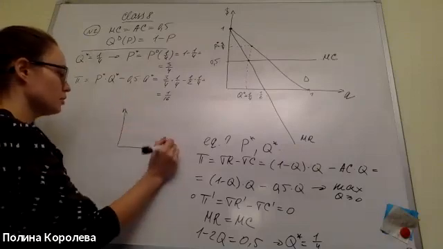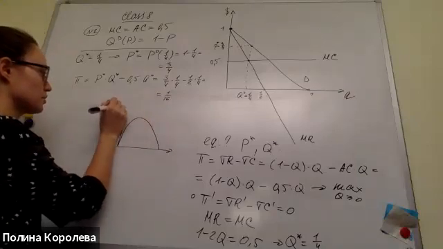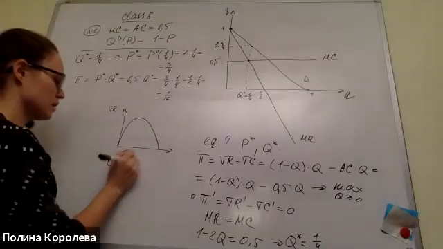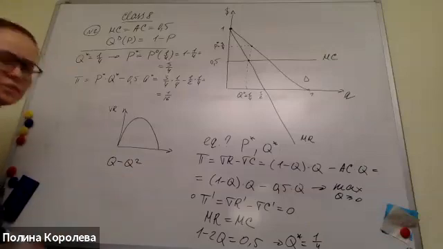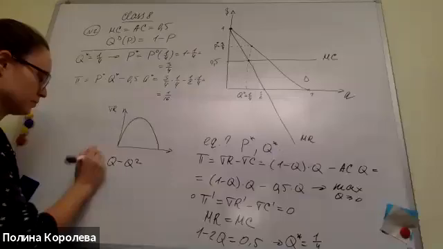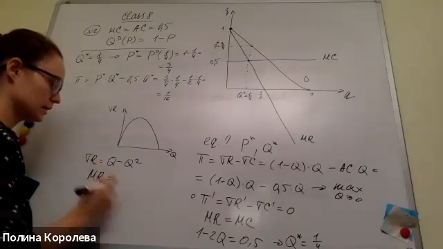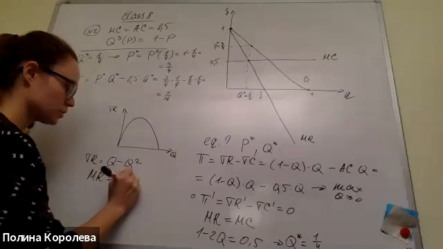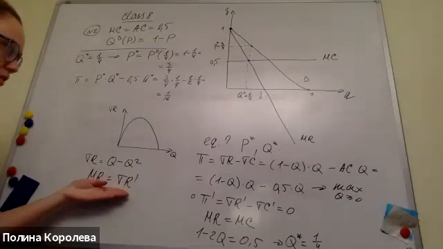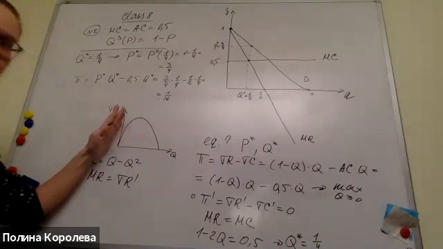So we have total revenue as a quadratic function. This is the graph for total revenue. You remember Q minus Q square, a quadratic function, so the branches go down. This is total revenue. Agree? What is the geometrical meaning of marginal revenue? Marginal revenue is the derivative of total revenue, and the derivative is the slope of the tangent line to total revenue.